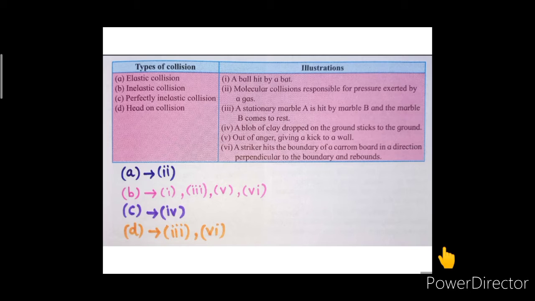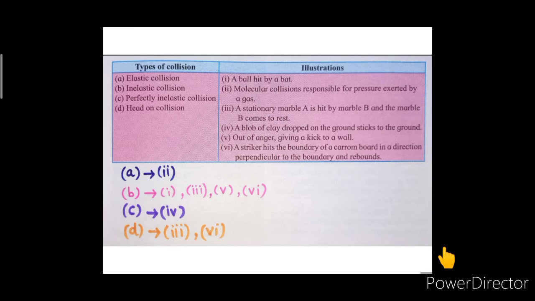That means the conservation of linear momentum should be obeyed as well as the conservation of kinetic energy. If before and after the collision the total momentum of the system is the same as well as the kinetic energy, such a collision is said to be the elastic collision.